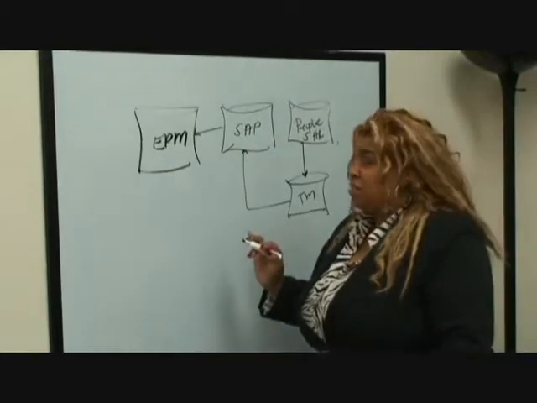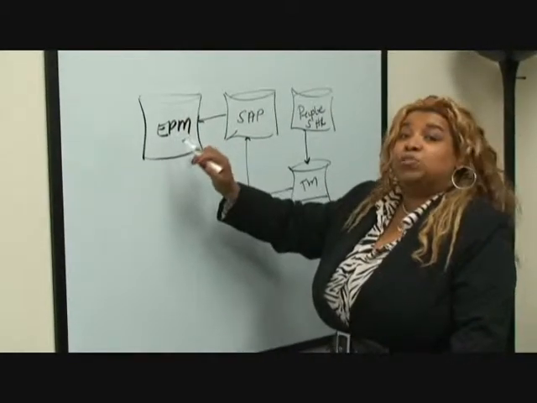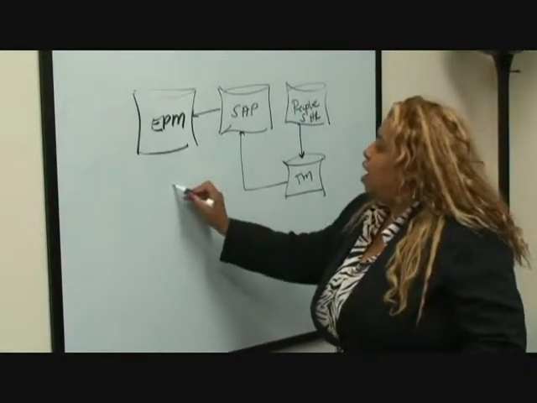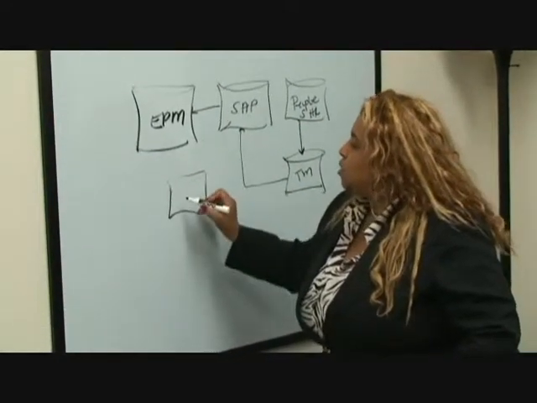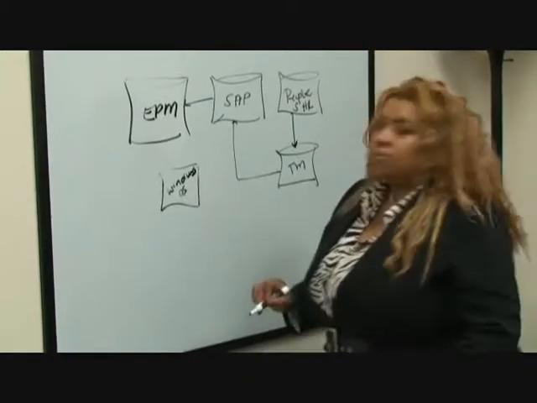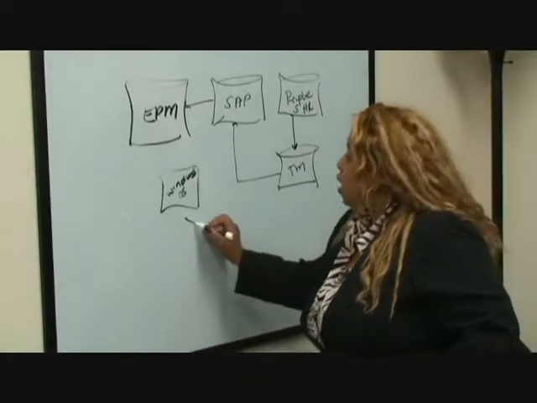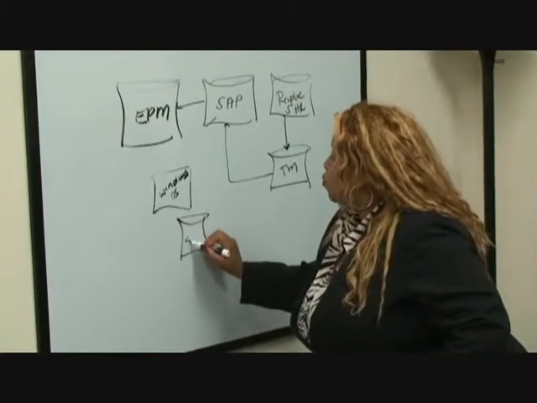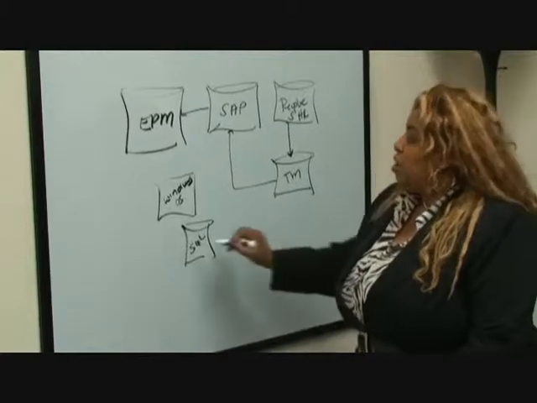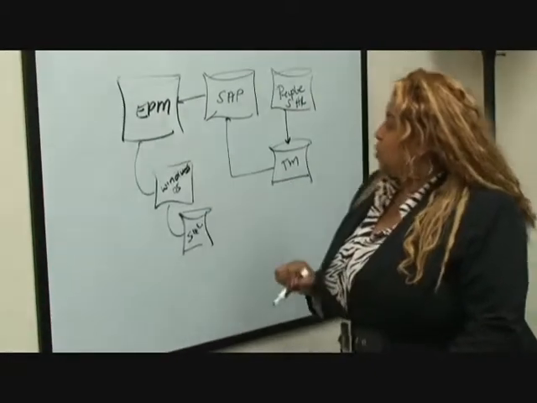Now, how does this really work? When you install your enterprise project management system, know that on your IT side, you've got an operating system, such as your Windows OS. You also have a database, which would be a SQL server. That holds all of your information. All of these systems now have to talk to each other.